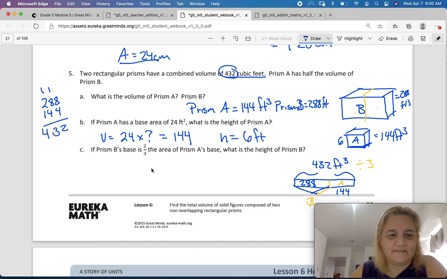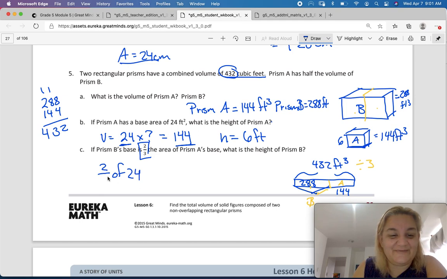Okay? If prism B's base is 2/3 of the area of prism A's base, there's the base. No, this is the base, 24. What is the height of prism B? Okay, so if prism B's base is 2/3 the area, which doesn't make sense, but okay. 2/3 the area of prism A's base, so that's 2/3 of 24.